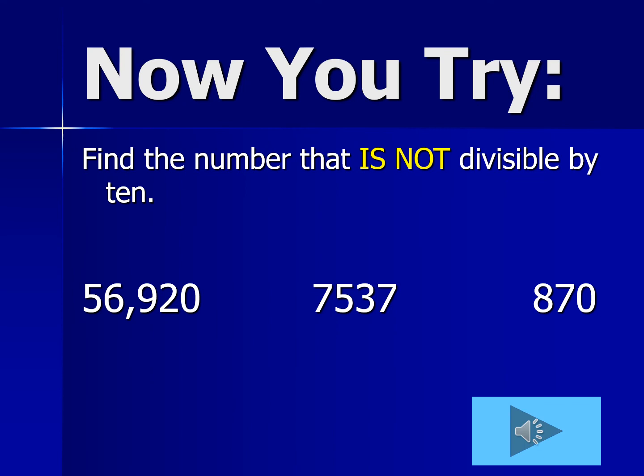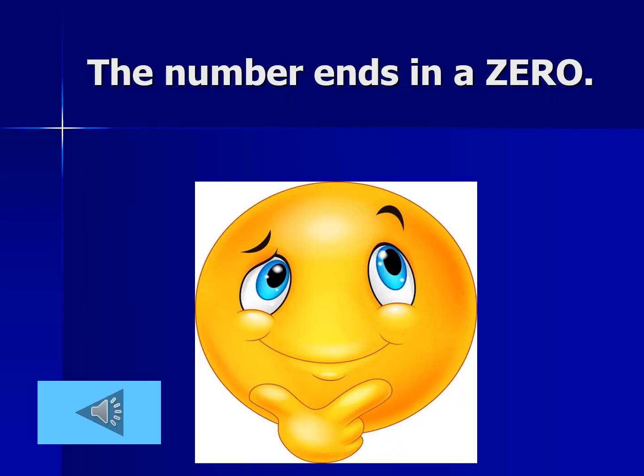Find out the number which is not divisible by 10. Clearly, it is 7537 because this number is not ending with a 0. So it is not divisible by 10. So remember, for a number to be divisible by 10, it should end in a 0.